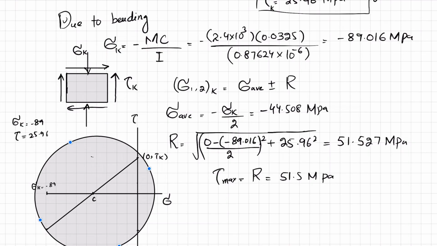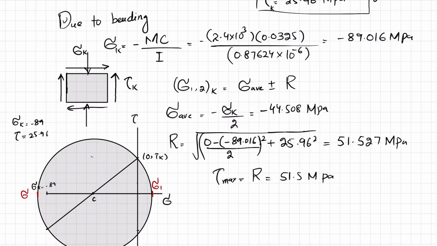So you can see you will have the principal stress, which is this one, sigma 1. This will be your sigma 1 maximum, and this will be your sigma 2.